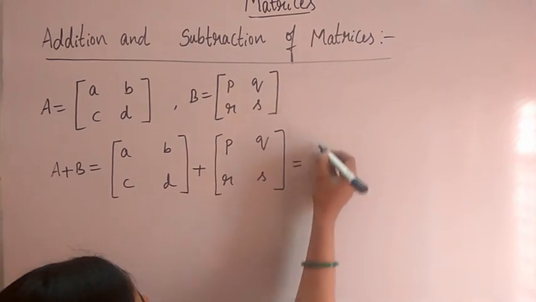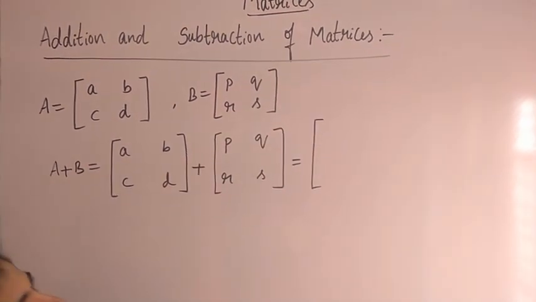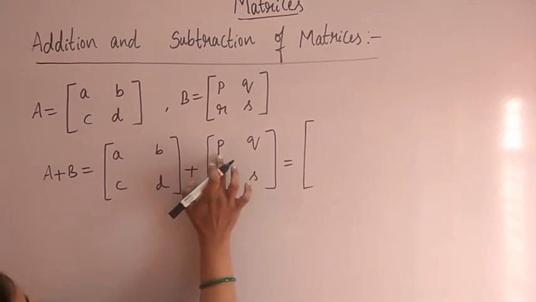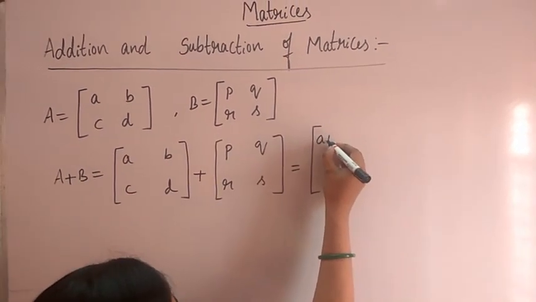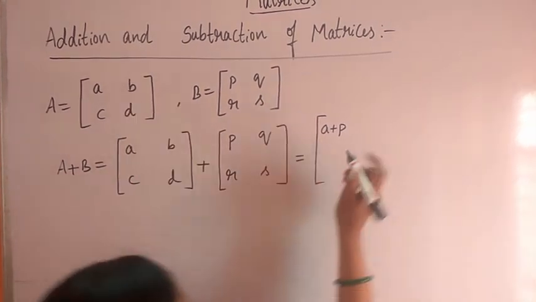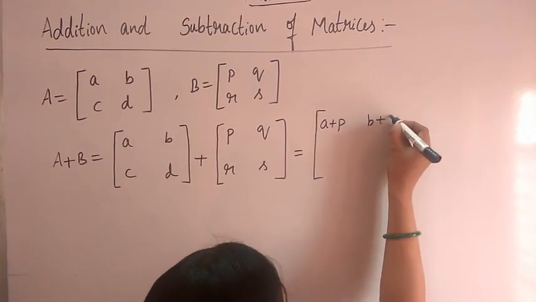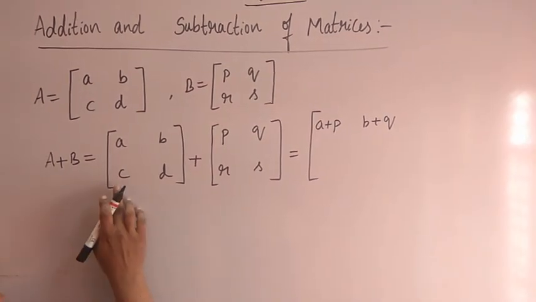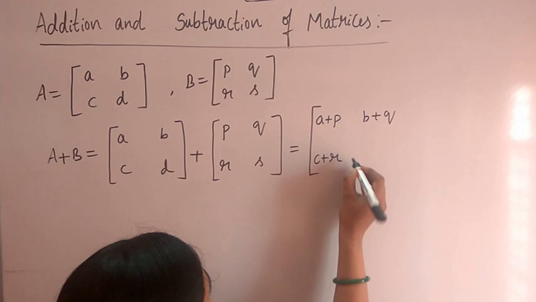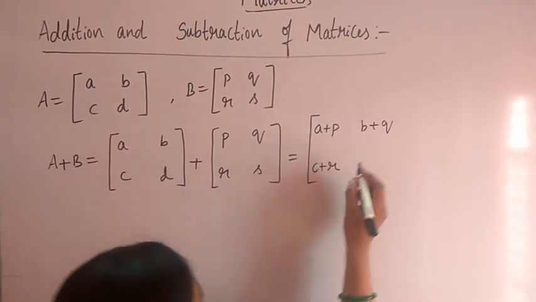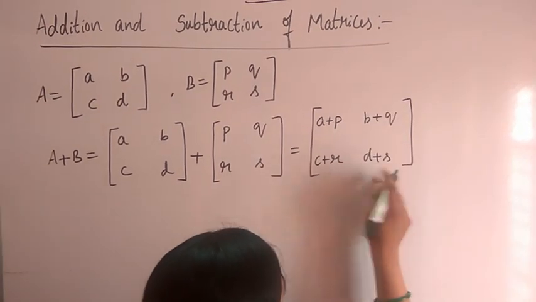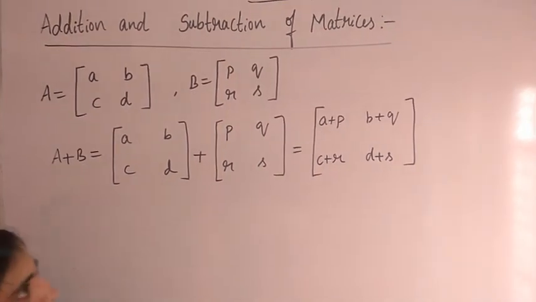For addition, we have to add their corresponding elements. That means the first element is added with the first element, that is a plus p. First row second element is added with first row second element, b plus q. For the second row, first element is added with first element, c plus r, and the last element is added with the last element, we get d plus s. So this is the addition of matrices.